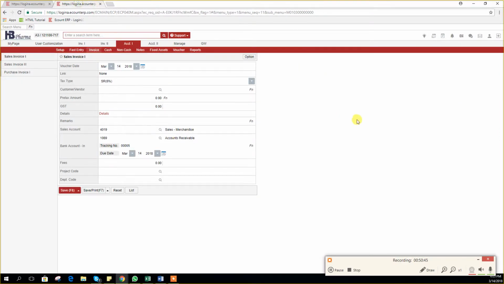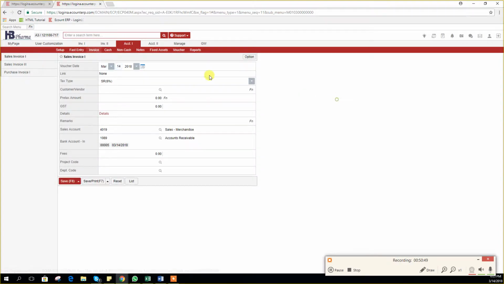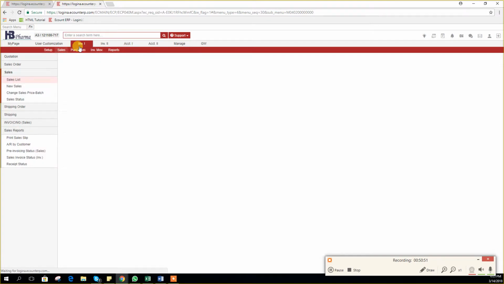Well, in accounting, when you receive money, it's supposed to debit bank, right? So you have another option for you to do.